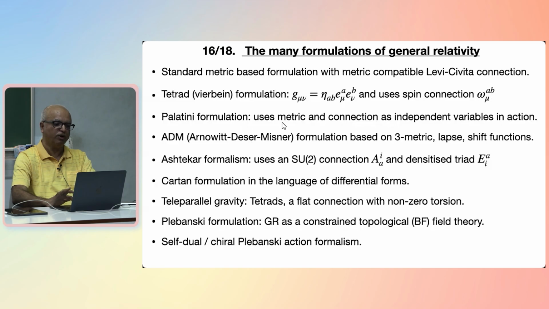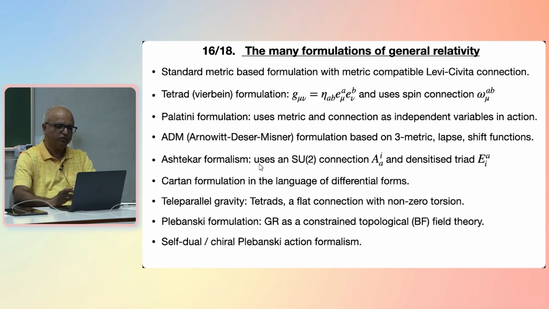Then the Palatini formulation uses the metric and connection as independent variables in the action. Unlike here where the metric is varied, here metric and connection both are varied. The ADM formulation, which you are probably familiar with, is based on making space-like hypersurfaces in space-time, on which the 3-metric is defined, and then the so-called lapse and shift functions. The 4-metric is decomposed into a 3-metric, a lapse function, and a shift function, and the dynamical quantity is the 3-metric.